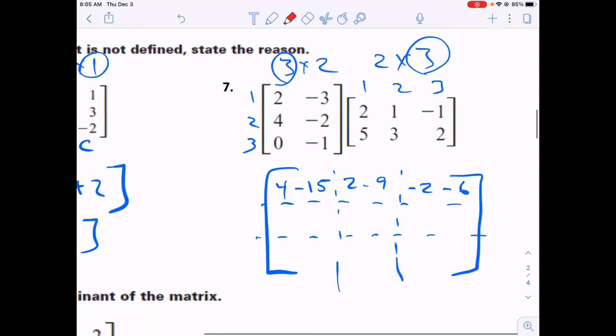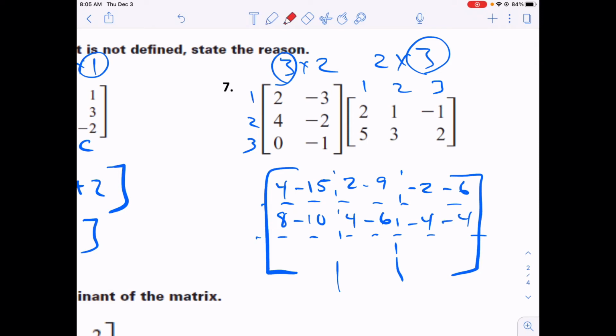All right, now I'm going on to row 2, column 1. Well, this is row 2, column 1 right there. So 4 times 2 is 8. Negative 2 times 5 is negative 10. And just to continue on, I'm still in the second row, second column. 4 times 1 is 4, negative 6, negative 4, negative 4.